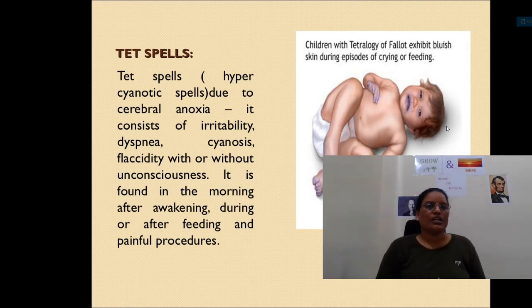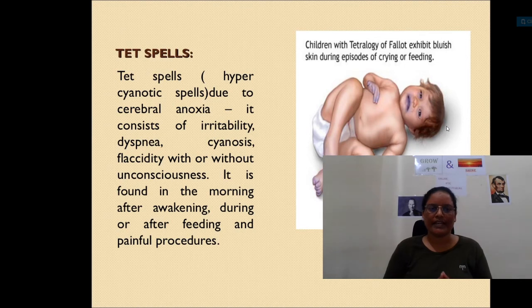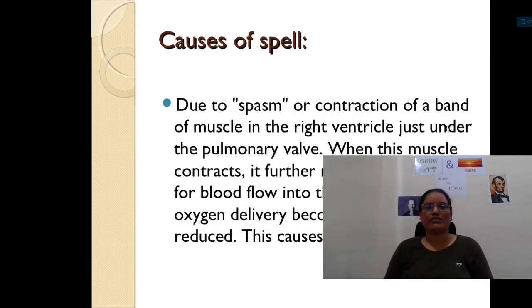Okay, due to cerebral anoxia, it consists of irritability, the child becomes irritable, difficulty in breathing, discoloration of the skin, less energy or feeling weak, with or without unconsciousness. It is found in the morning after awakening, or during or after feeding, and after a painful procedure. Fine.